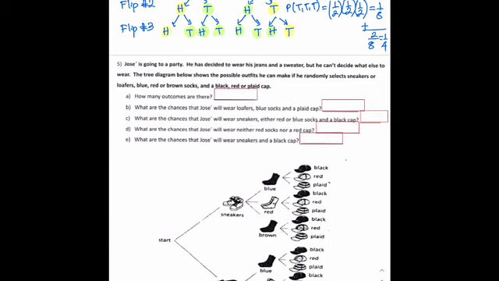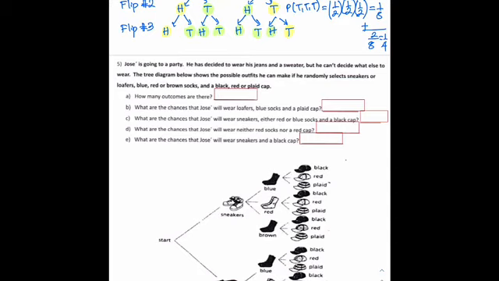Let's start with how many outcomes we have here. If you look carefully at all the outcomes, you will see 18. How do I know? I have 2 shoe options, sneakers or loafers, I have 3 different colored socks, and I have 3 different caps. So if you multiply the outcomes, you will have 18.